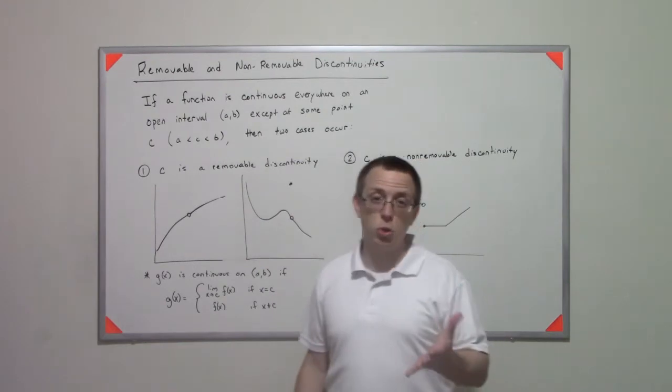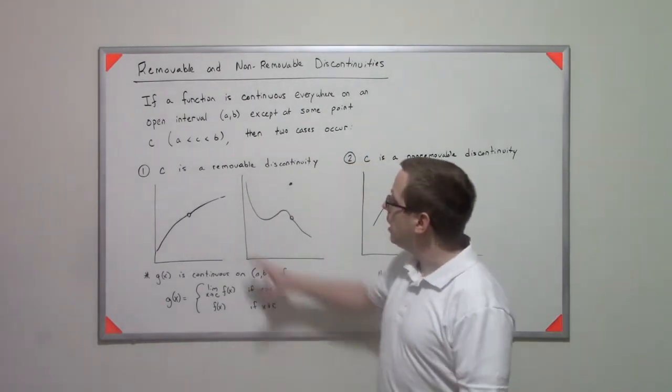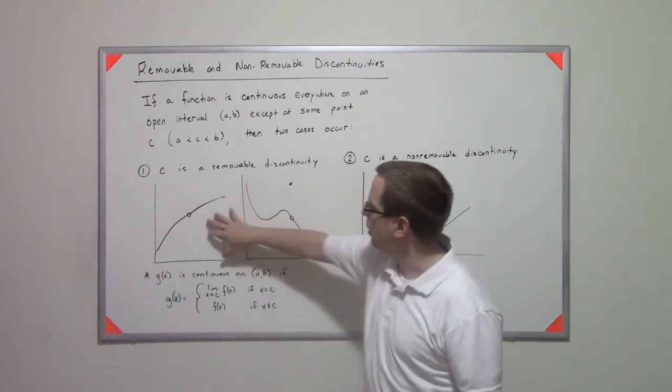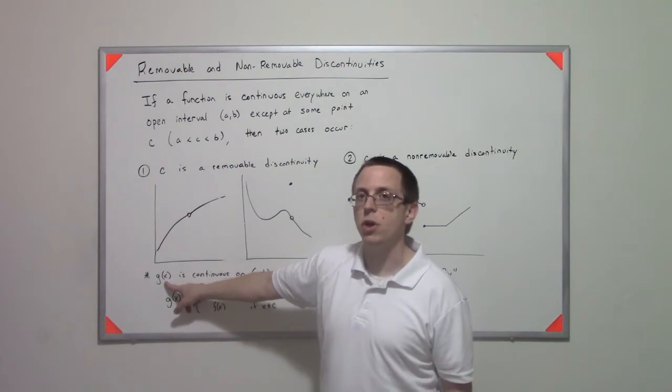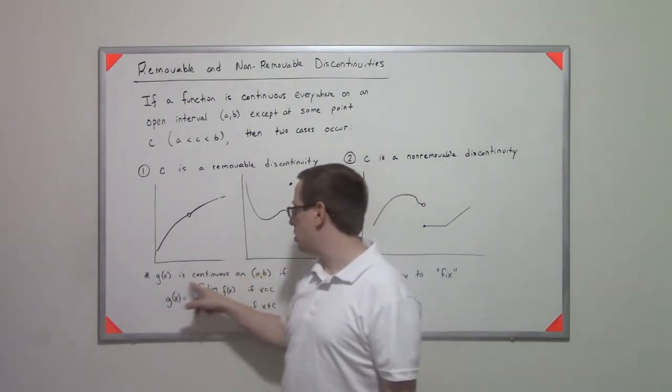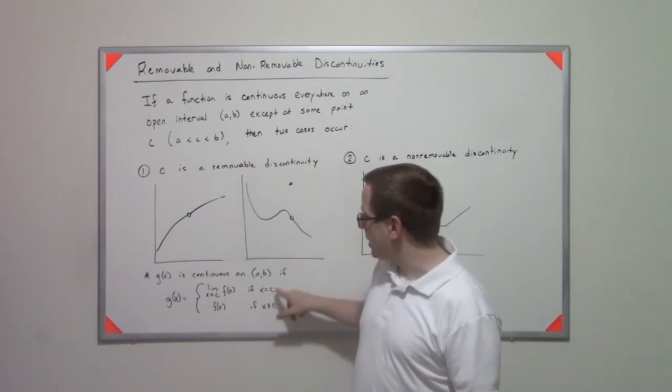And so the trick, or the way around this, is to define a second function. If this is the graph of f in either one of these cases, then I can define some sort of g function. I can say g of x is equal to f everywhere except at that point.